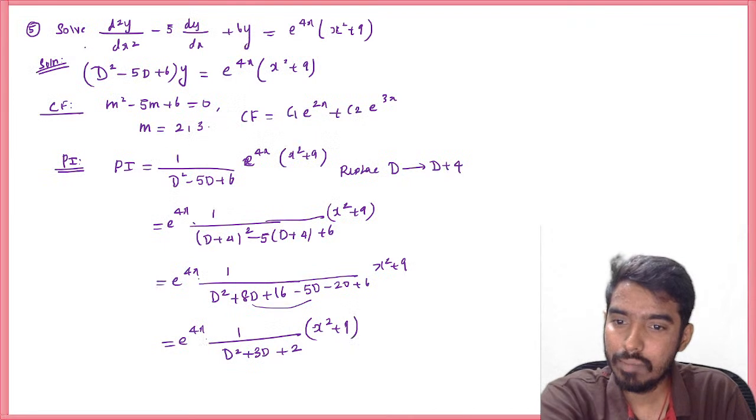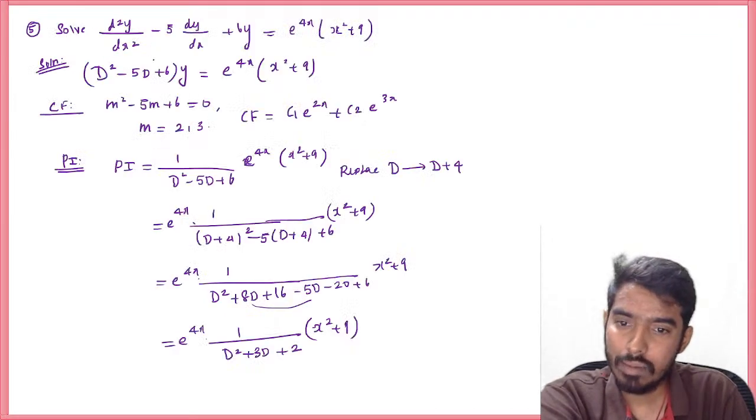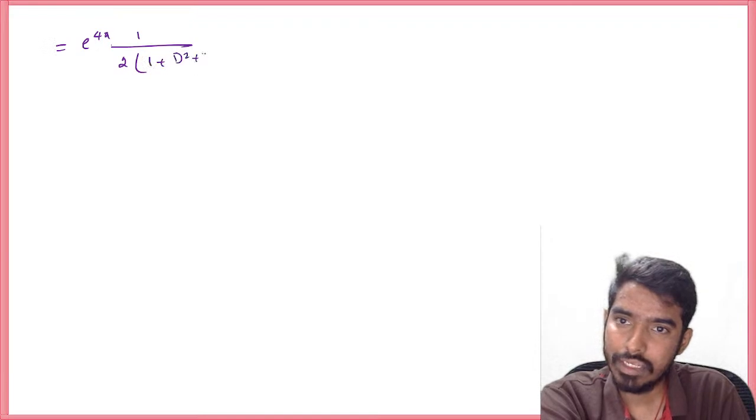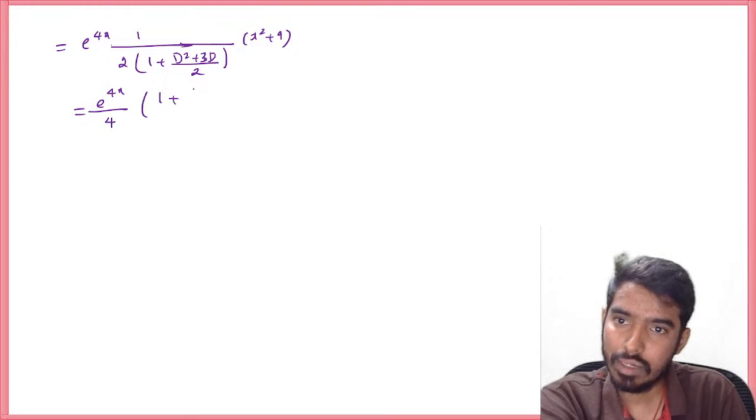So this will be e power 4x by 2, 1 plus d square plus 3d by 2, and here we have x square plus 9. So it will be e power 4x by 2, 1 plus d square plus 3d by 2 whole power minus 1 into x square plus 9.